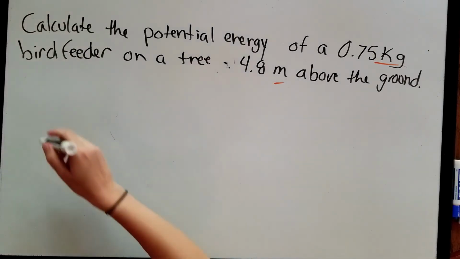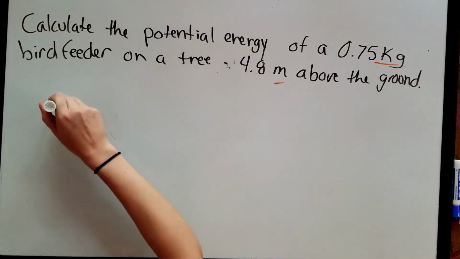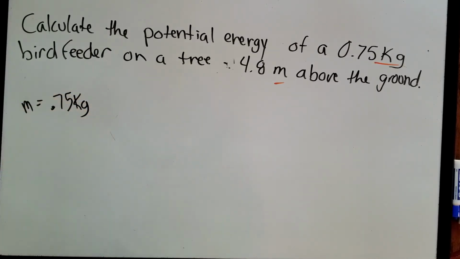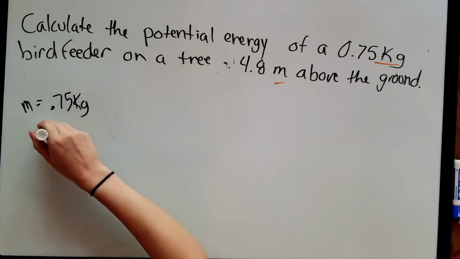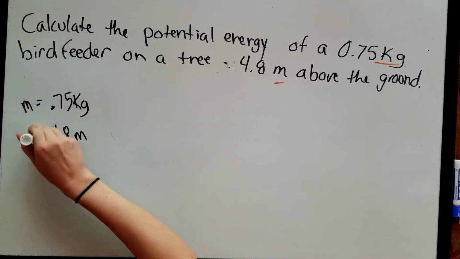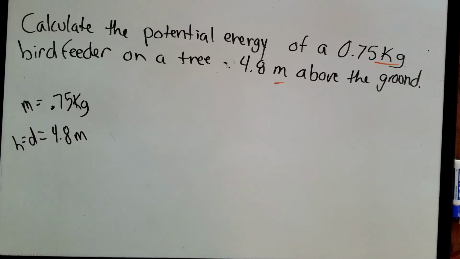So let's do our knowns and unknowns. So the 0.75 kilograms is what? The mass. The 4.8 meters, that's a distance or a height. Okay, they have the same units, different variables but same units.